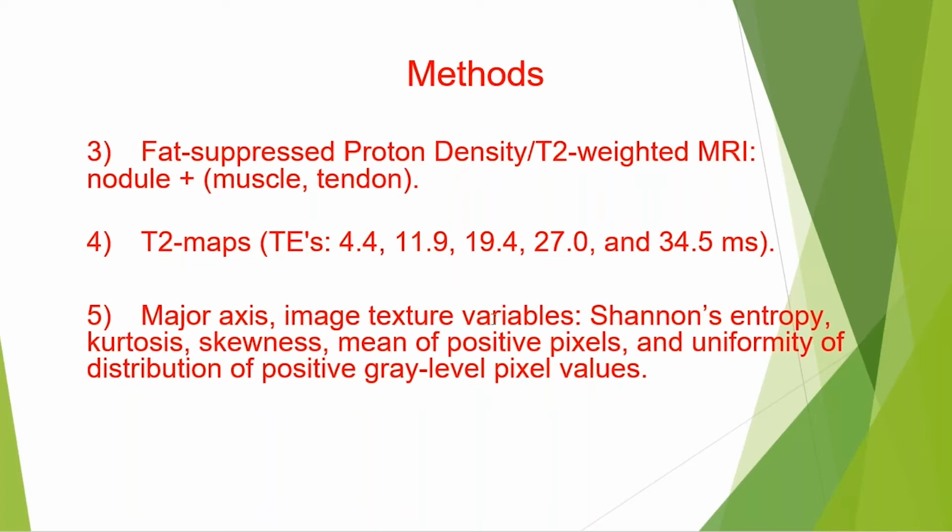Our radiomic features of the T2 mapping involved, in particular, Shannon's entropy, kurtosis, skewness, mean of positive pixels, and uniformity of distribution of the positive gray level pixels.